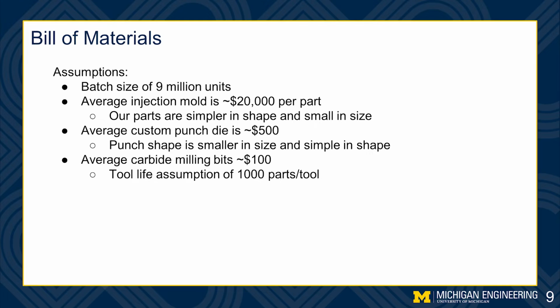Our custom punch dies are about $500 since our punches are also very simple in shape. And averaging all the carbide milling bits that would be used across any machining would be about $100 with a tool life assumption of about 1,000 parts per tool.